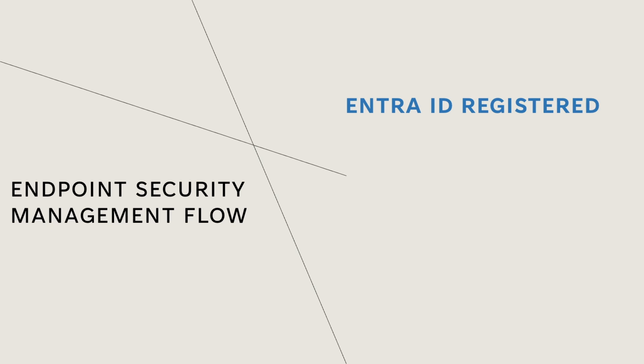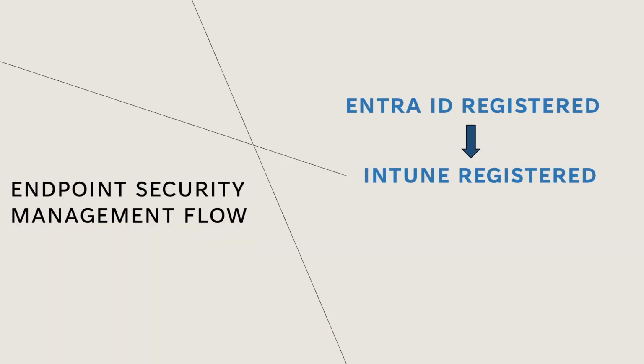By registered, it's not Entra ID joined or Entra ID hybrid joined. It's just registered. Then another workflow happens to register the device to Intune. Again, registering means the device will not be fully enrolled into Intune, it will only be registered. After this workflow, the device will be managed by MDE.